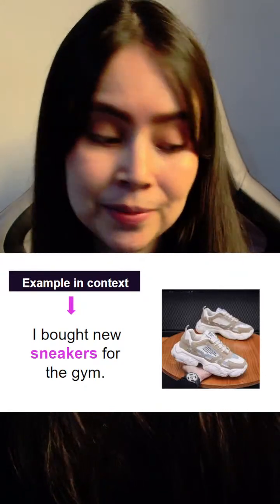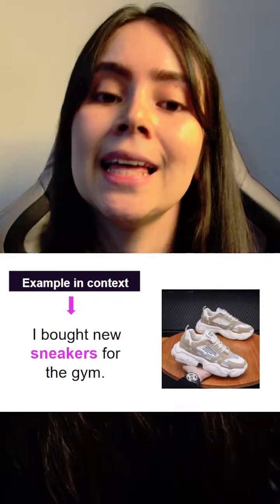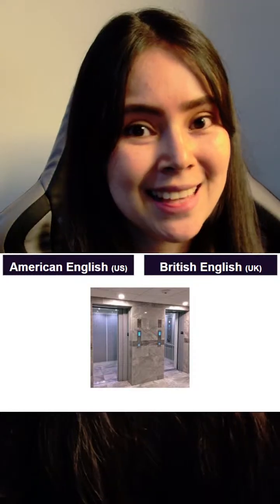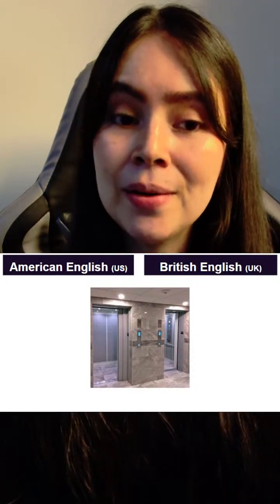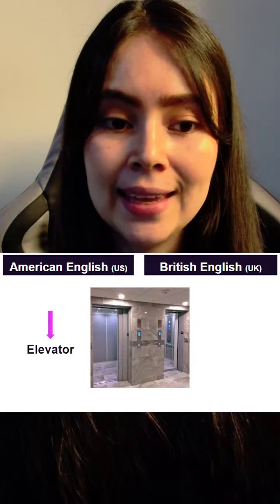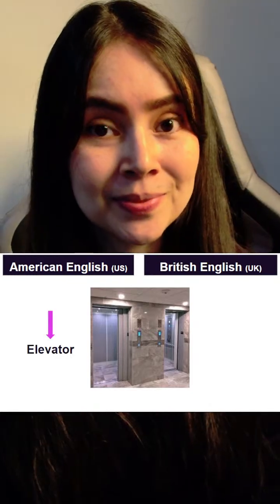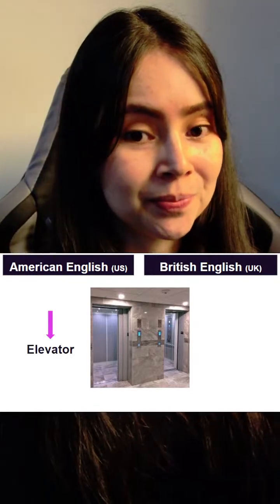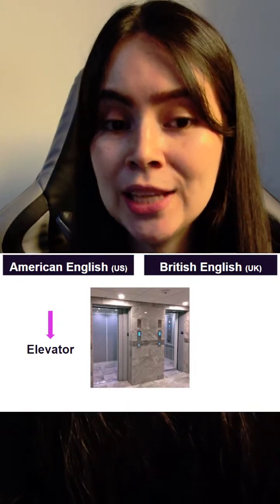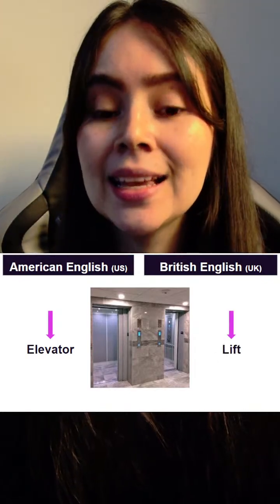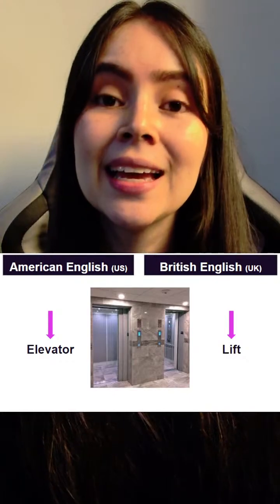Let's continue with a different word. The next word is this. The American way to say this is elevator. And the British way to say that is lift.